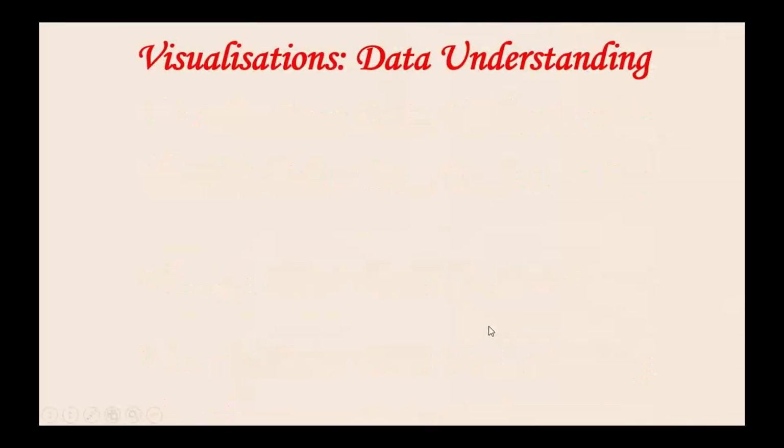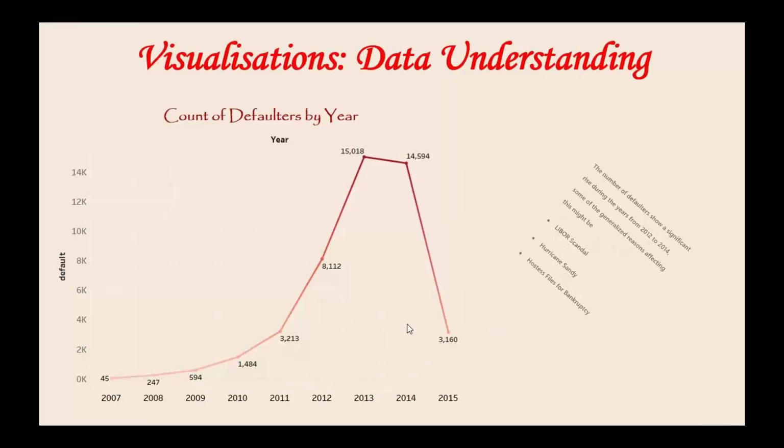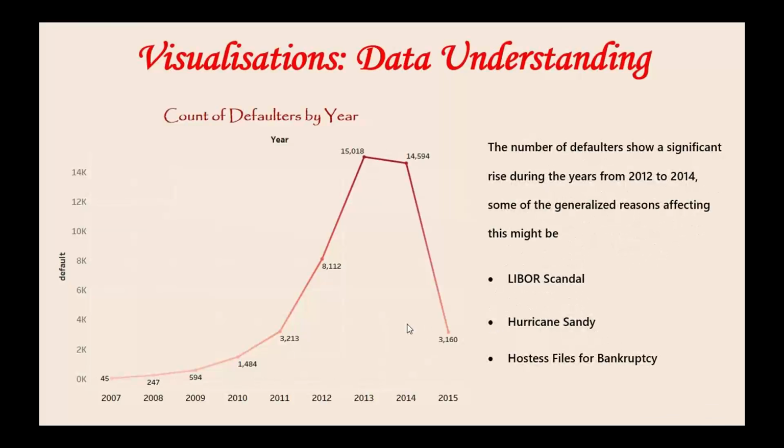As we already discussed identifying the business problem and the data description part, let's understand more about the data set through visualization. This graph denotes the count of defaulters by year.